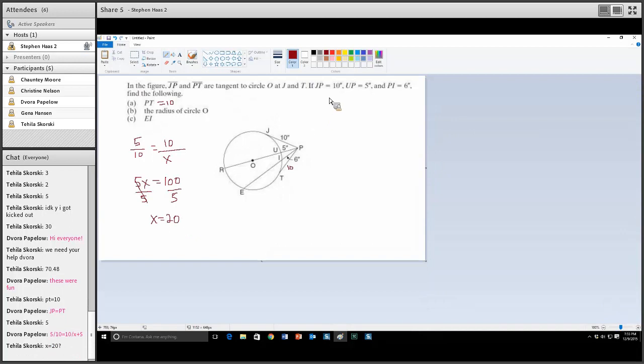Your way, it would have gone like this. It would have been 5 over 10 equals 10 over x plus 5, when you're talking about x being the diameter. And then you'd have 5x plus 25 equals 100. And so you'd have 5x equals 75, and x equals 15.